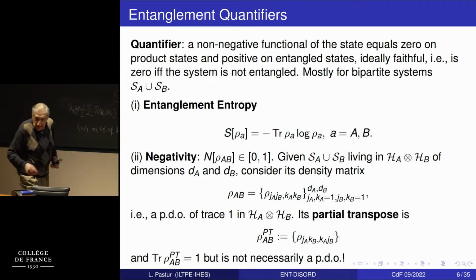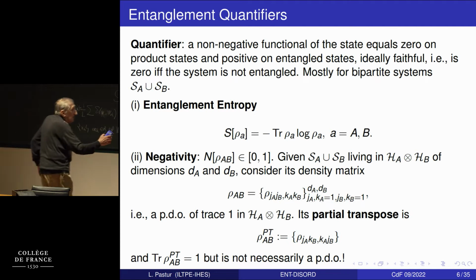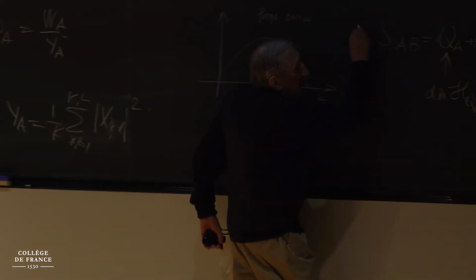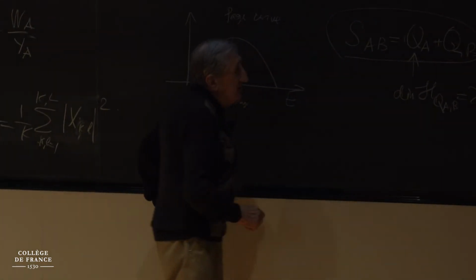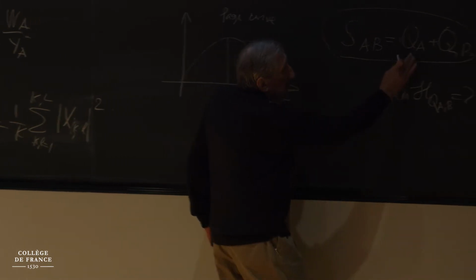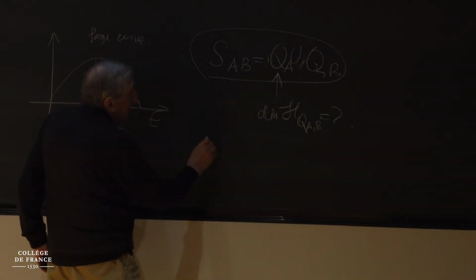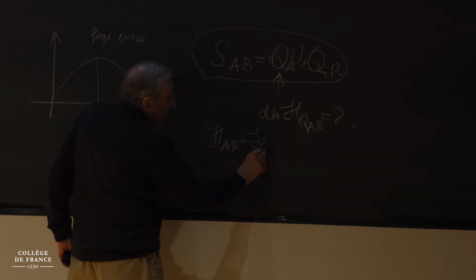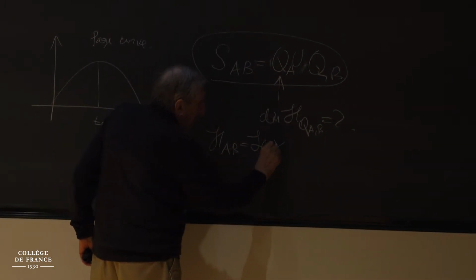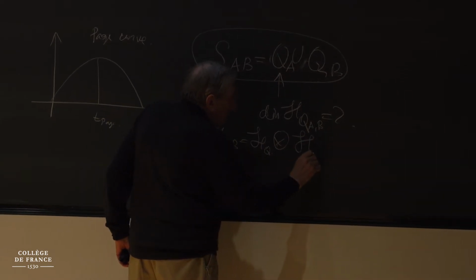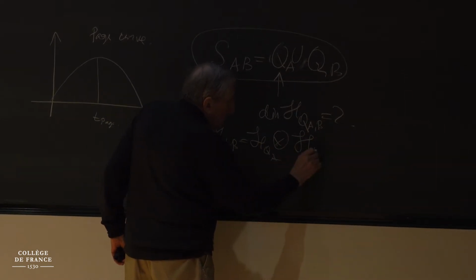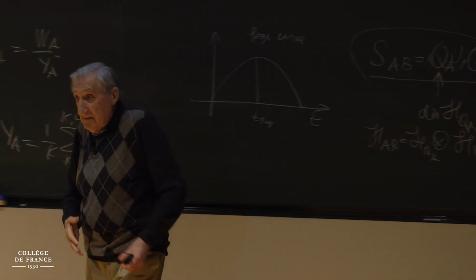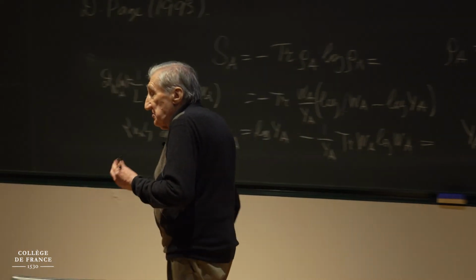Let me say that we are going to consider this very simple quantum system, just two qubits, and our state space is just the tensor product of two-dimensional spaces, QA and QB. That means our space is four-dimensional, the Hilbert space in which the system lives.